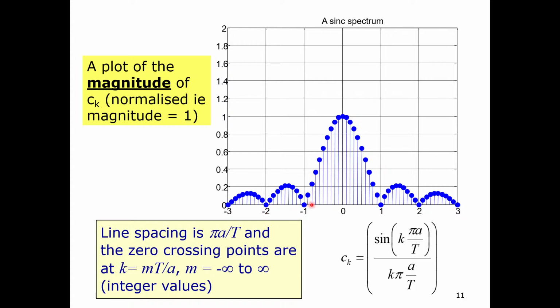So the spacing between pulses increases as well. And in doing this limit evaluation, we'll end up with what we refer to as a single pulse. And the spectrum of a single pulse is what we refer to as a continuous sinc function.